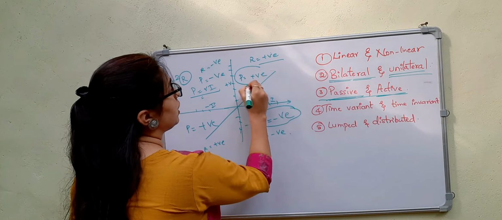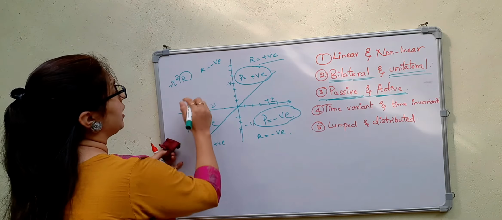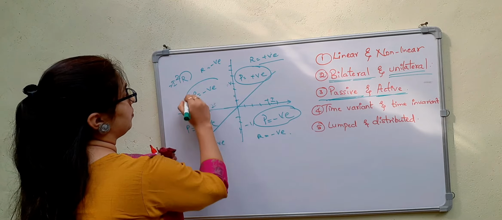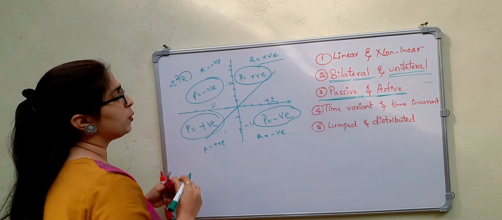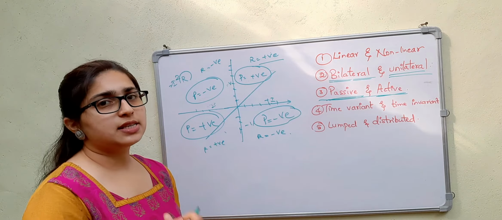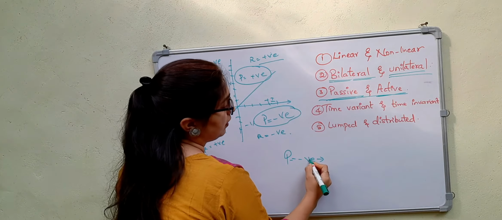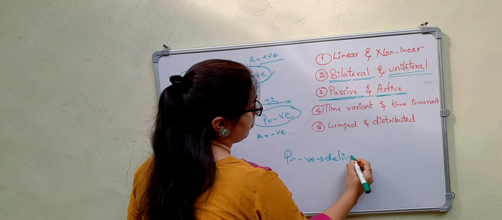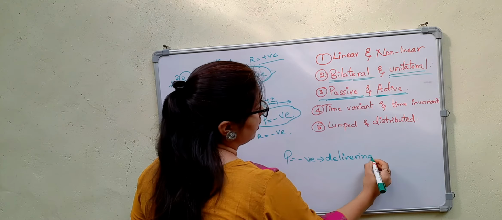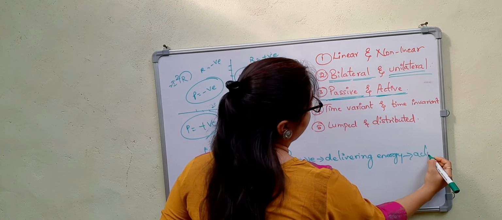So this is in terms of power now. Here power is negative, here power is positive. See, if the power is positive, that means it is absorbing energy. If power is negative, it is delivering energy, and it can be called active.